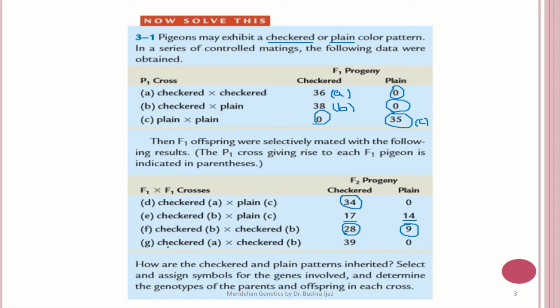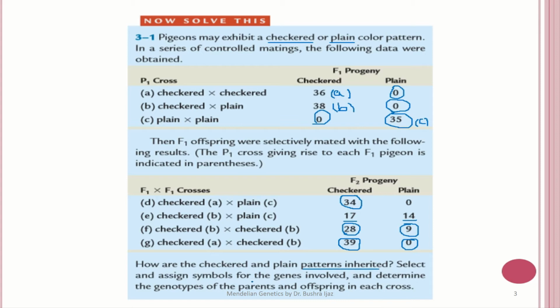And the last cross is checkered A mated with checkered B. And here comes 39 checkered and there is no plain. So you have to make the crosses of all these combinations and find out how the checkered and plain patterns are inherited.